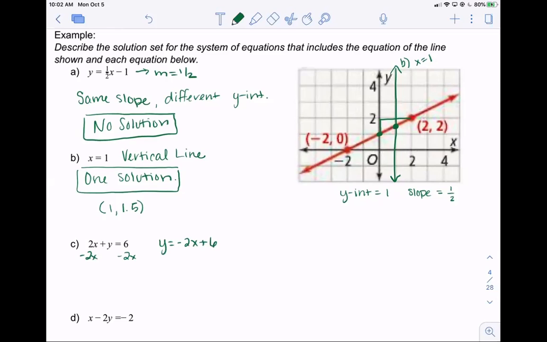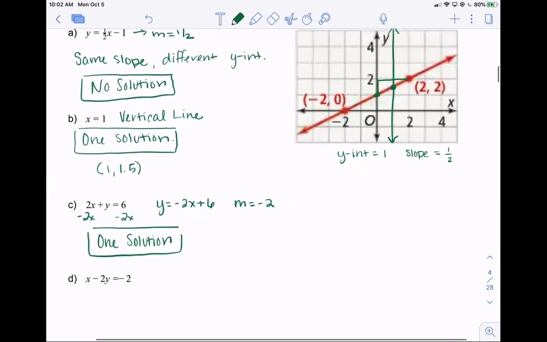What's the slope of our new line here? Negative 2. Do our two slopes match? No. So how many solutions do we have? 1. And since this one's not really going to fit on our graph, we're just going to call it good with one solution.